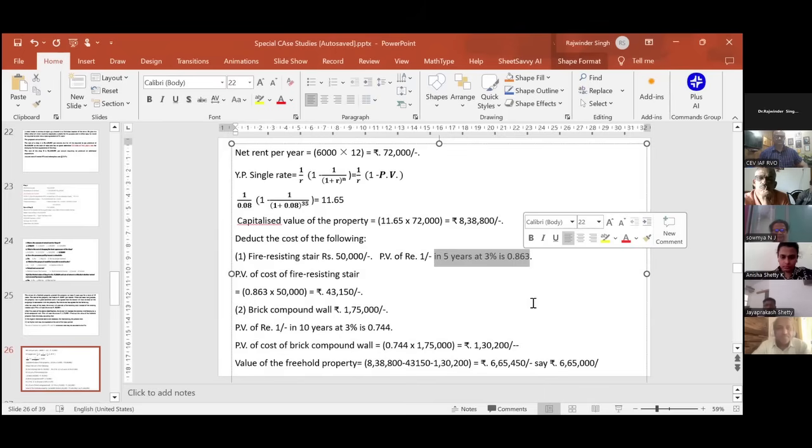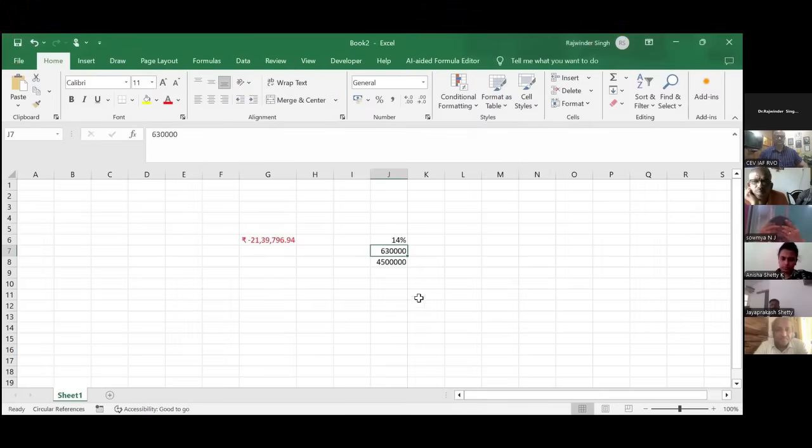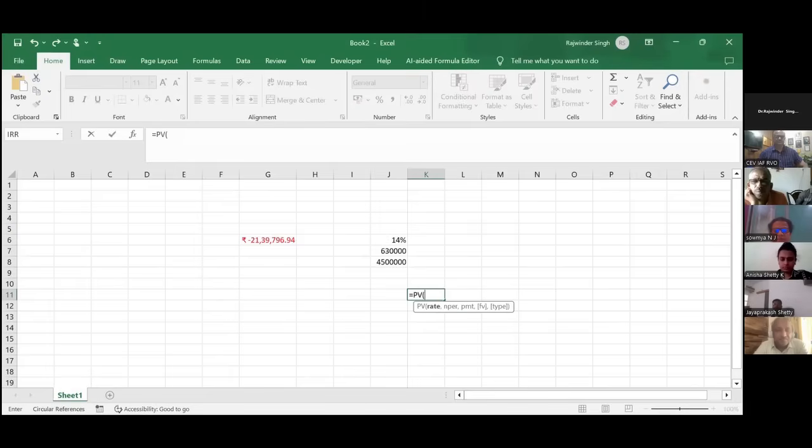So you can directly calculate in Excel. In Excel, you need not give any formula. See here. Simply type present value. Rate of interest is 3%. Okay.